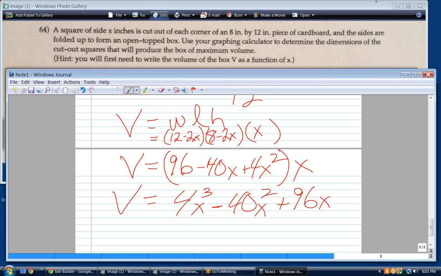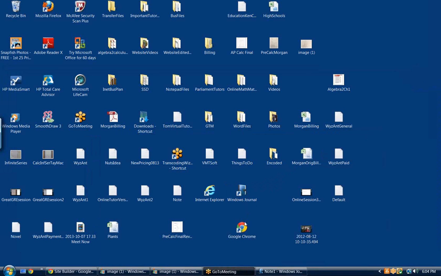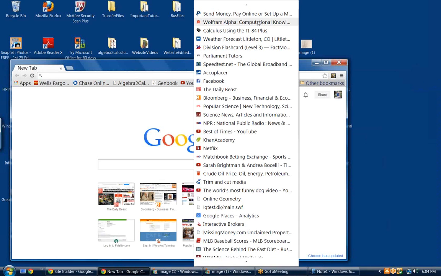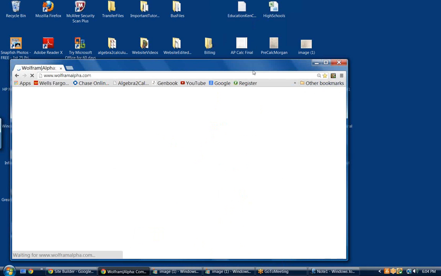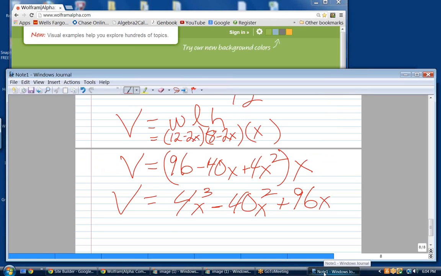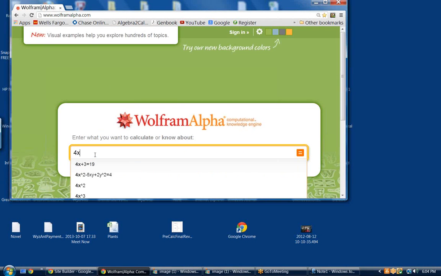Okay. Now let me show you what they mean, by graphing it and figuring out the maximum. 4x cubed minus 40x squared. What's the last number?